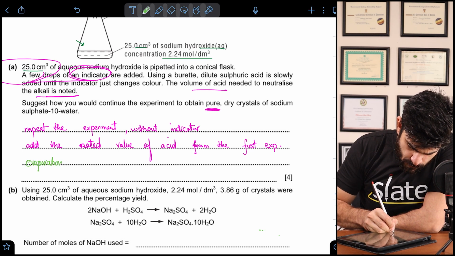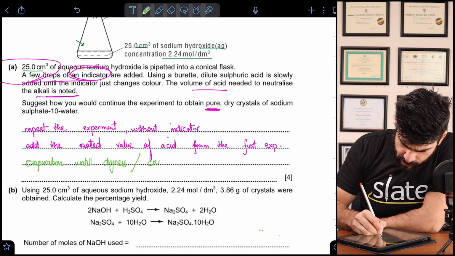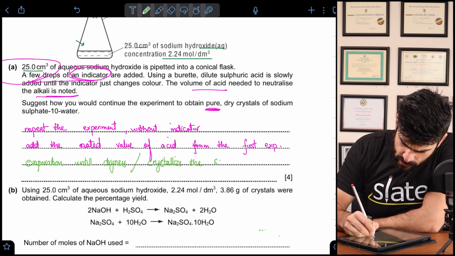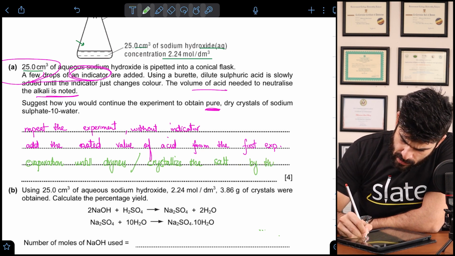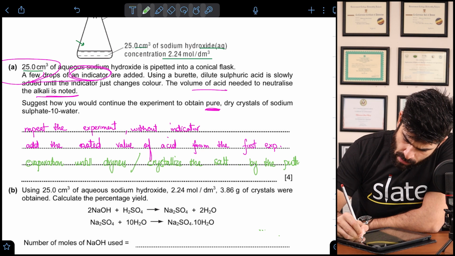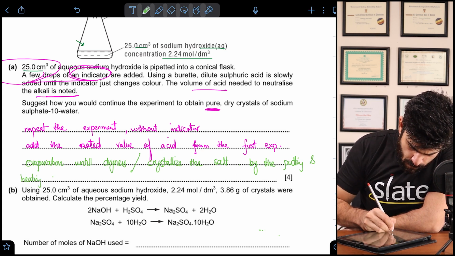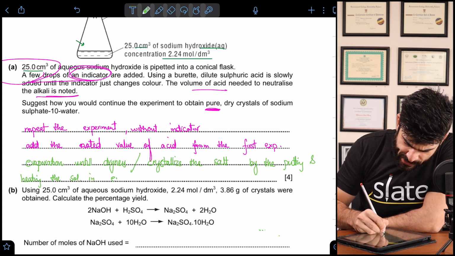Evaporation until dryness, or simply crystallize the salt by putting and heating the solution in an evaporating dish.